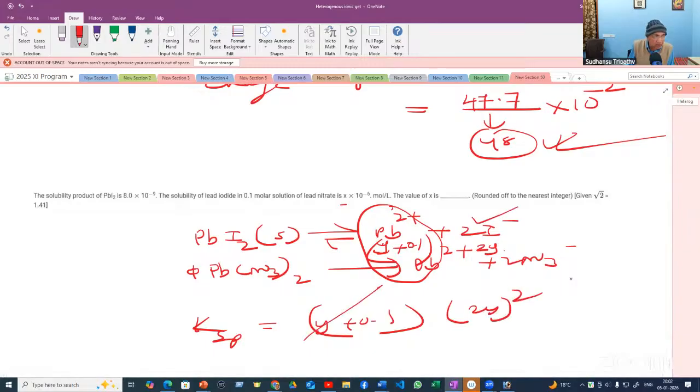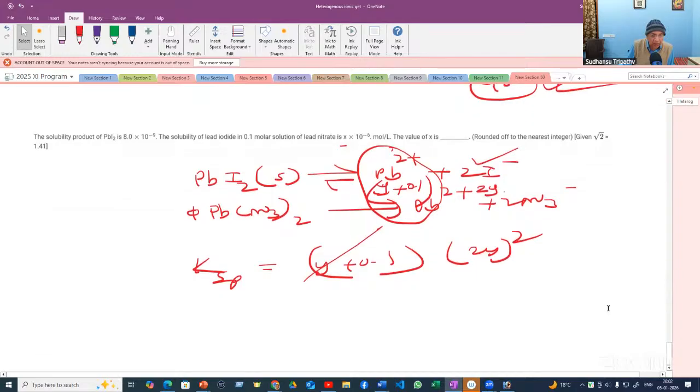But here tactfully you have to neglect Y. So this is given, 8 into 10 to the minus 9 is equal to 0.1 into 4Y square.